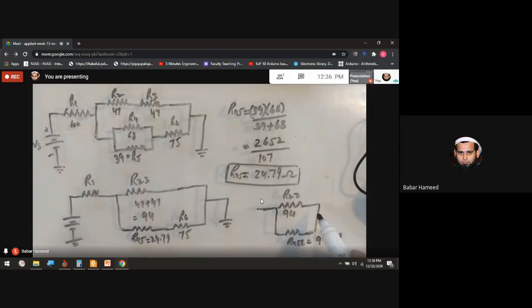So we have this form of reduced circuit, and here what I can do, R1 of 100.